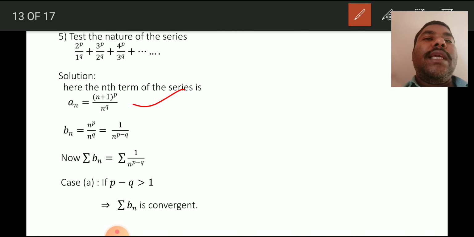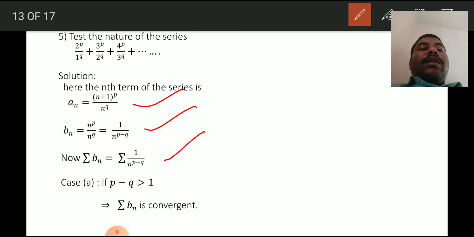Denominator 1, 2, 3, the nth term is n, and the power is q. So bn is equal to n raised to p by n raised to q. Taking n raised to p to the denominator, we get n raised to p minus q, and summation bn is equal to summation 1 by n raised to p minus q.